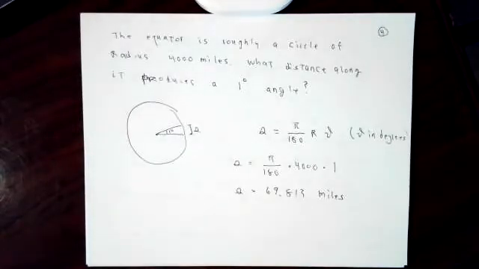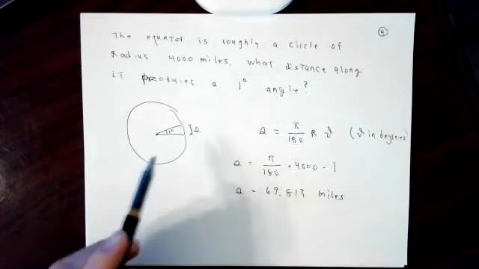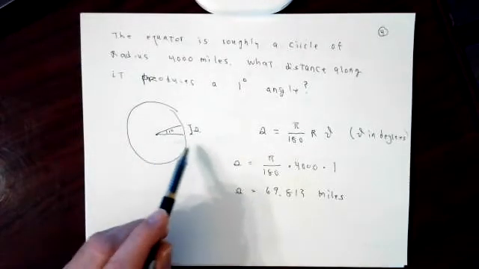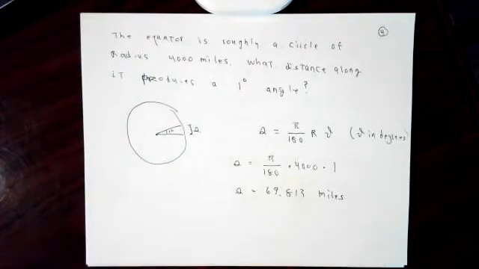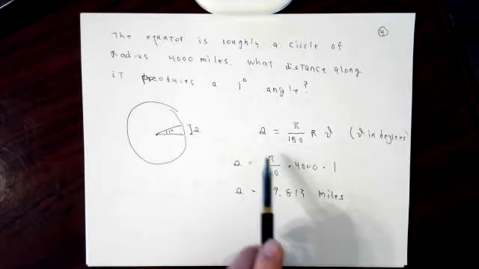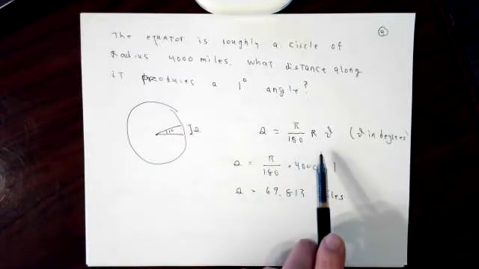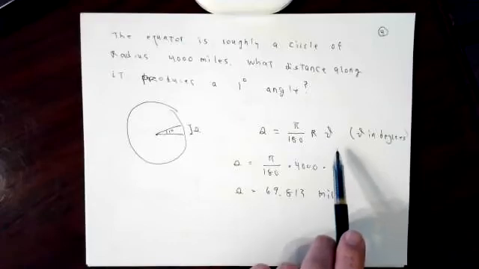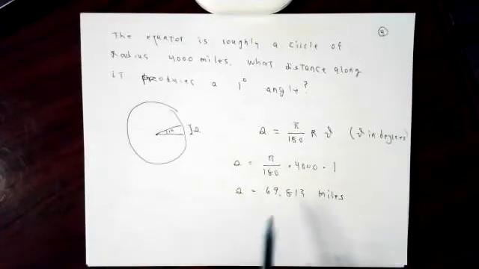As an example, the equator of the Earth, roughly speaking, is a circle with a radius of about 4,000 miles. If you have a central angle of 1 degree, how much distance does that correspond to along the surface of the Earth? Since we have our formula for the arc length, this is easy. The length is pi over 180 times the radius times the number of degrees.